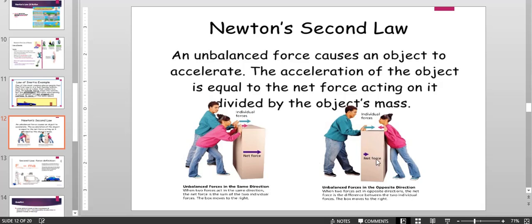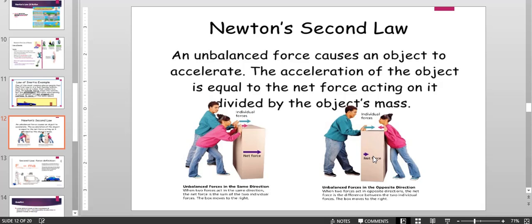Whereas in this instance, force is also applied on this object, but in the opposite direction, one from the right side and the other from the left side. What will happen in this case? Will this object be able to move? No, because both the forces will cancel each other's effect. When two forces act in opposite directions, the net force is the difference between the two individual forces.